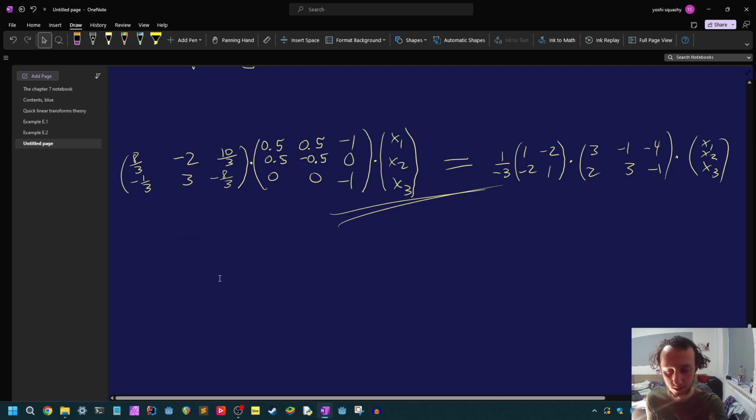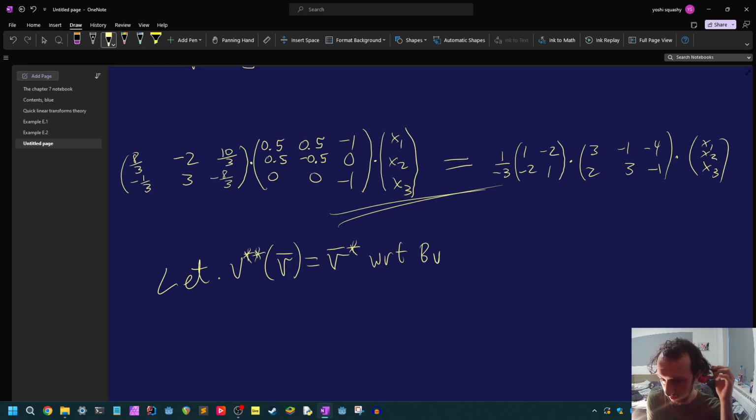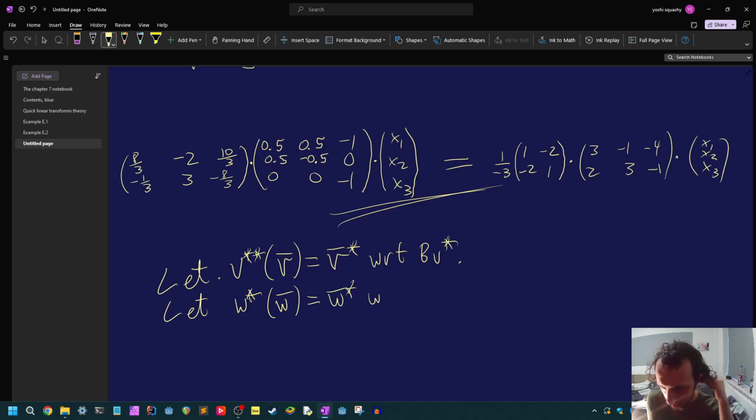We need a new notation, so we'll say let V double star of some vector V equal the same vector but now with respect to BV star. Let W double star of W equal W star with respect to BW star.